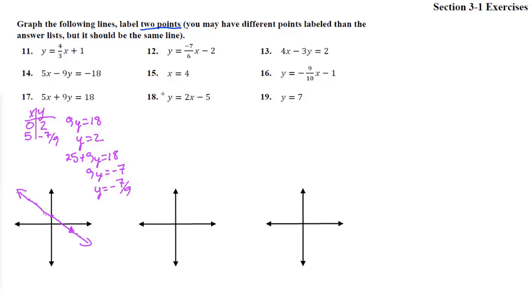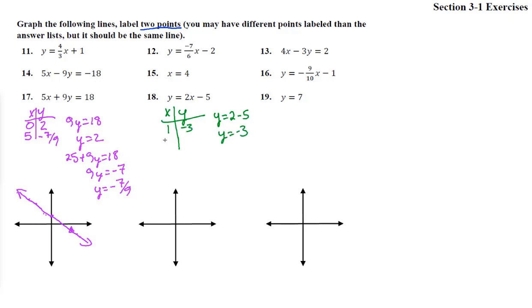Okay, number 18. Stick a couple of points in here. Ooh, we don't have a fraction, so that's nice. We don't have to try to avoid something. So let's do x is 1, and we get y equals 2 times 1 minus 5 gives us y equals a -3.